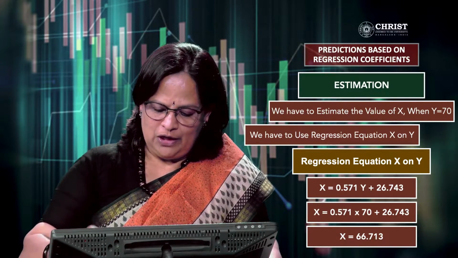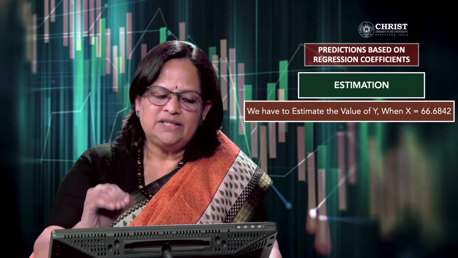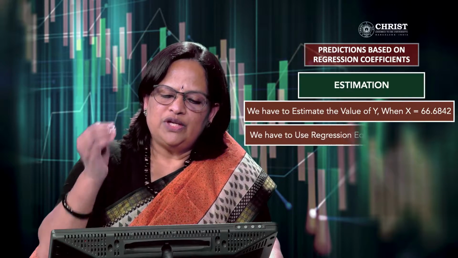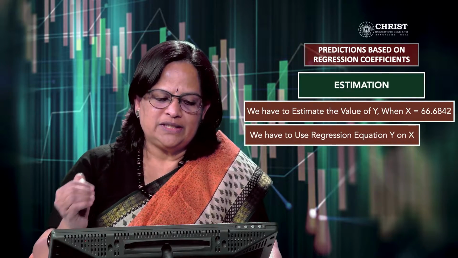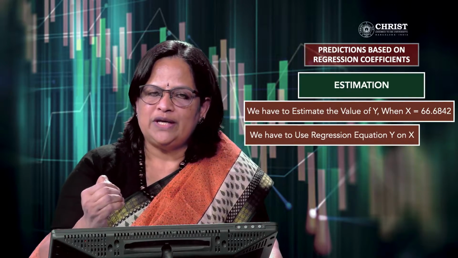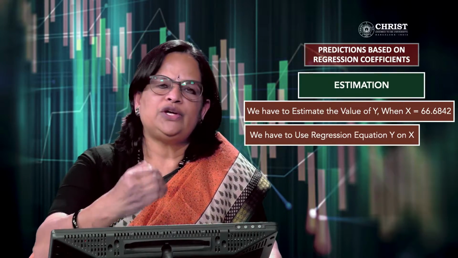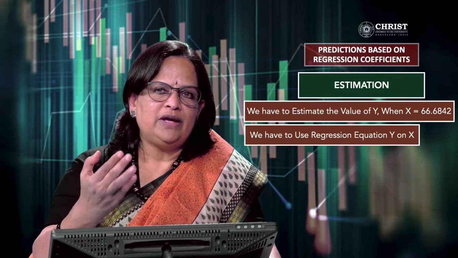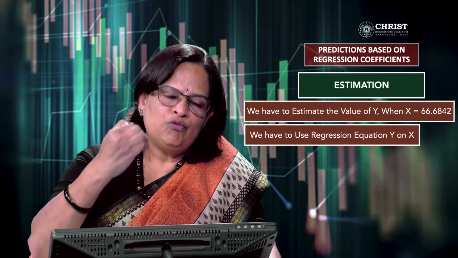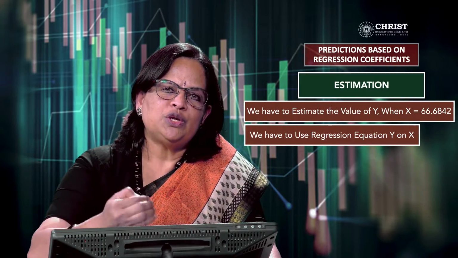Now you have to use this x value to calculate the y value. So now we have to estimate the value of y when x is equal to 66.713. Now we have to use the regression equation y on x. See, now you can make out the difference. When you are asked to predict the value of x, you use regression equation x on y. Here you are asked to predict the value of y, so we use regression equation y on x.